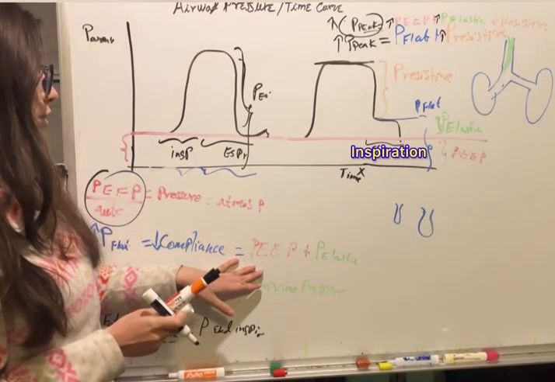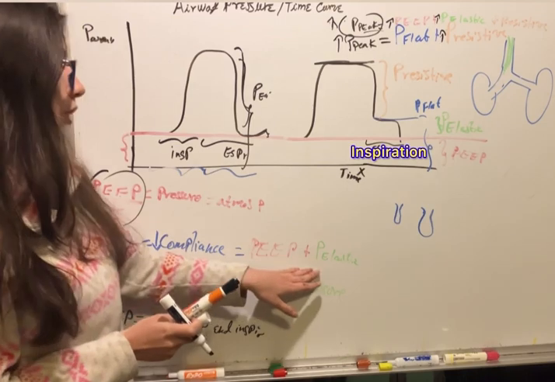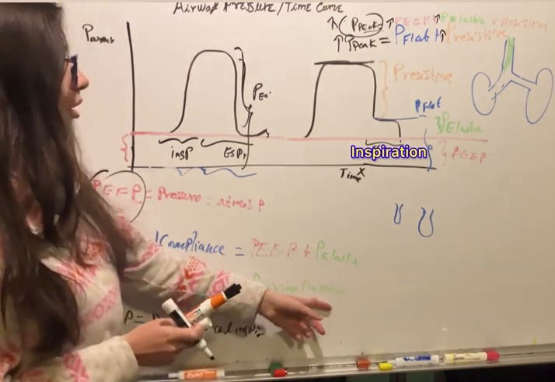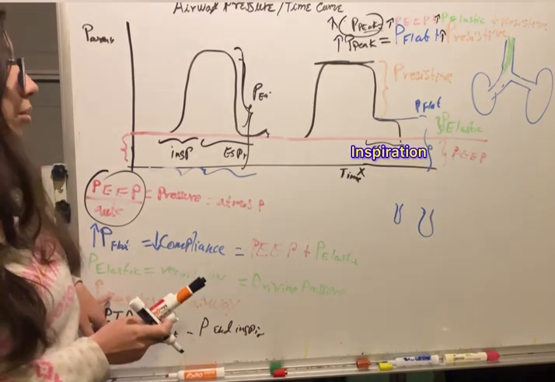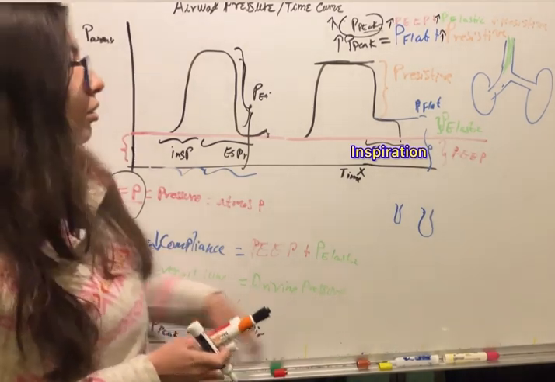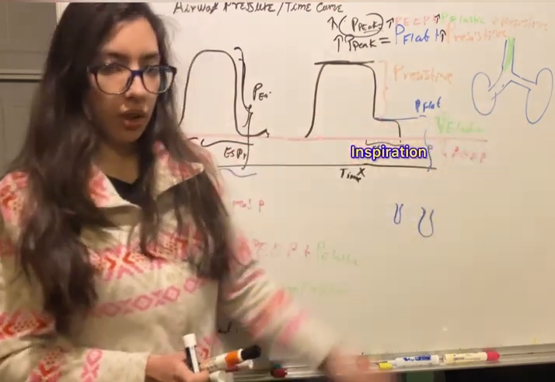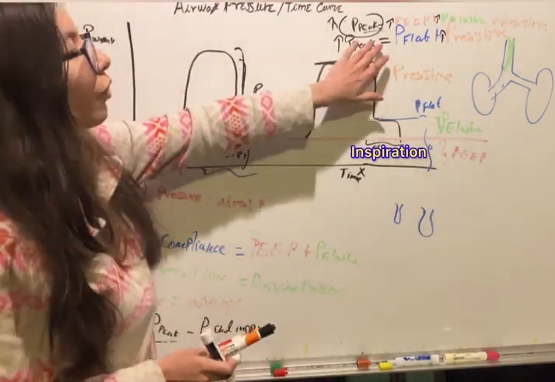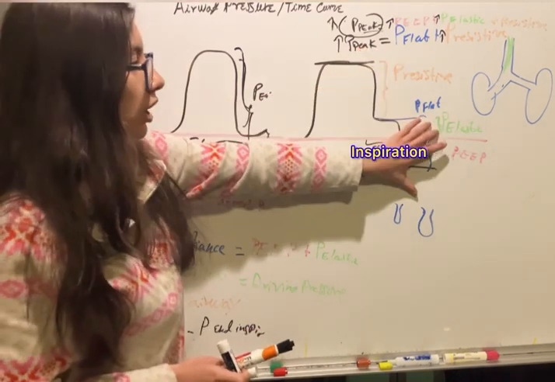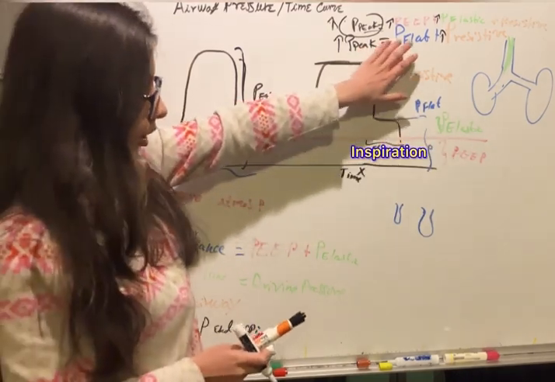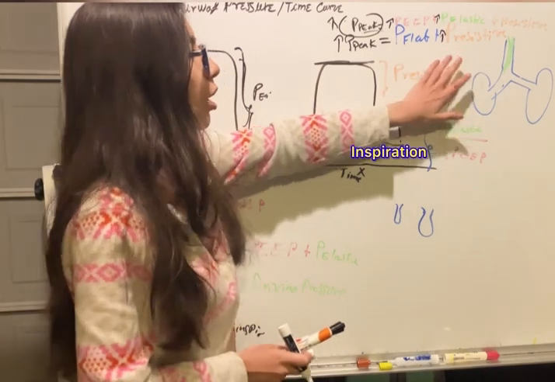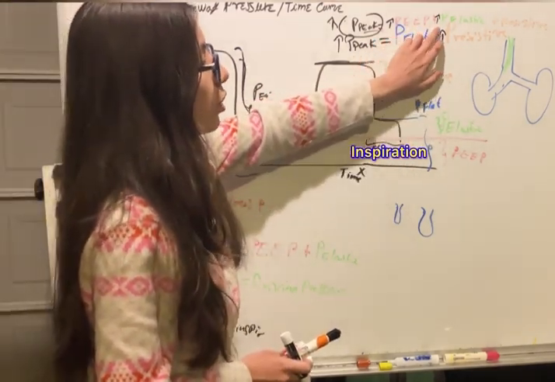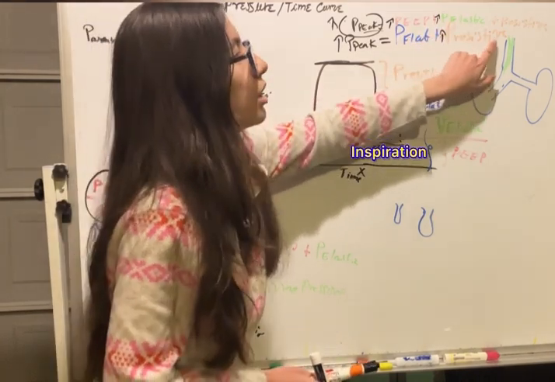The compliance is going to be the positive end-expiratory pressure plus the elastic pressure, which is also called the driving pressure, and the resistive pressure is the pressure in the airway that opposes air entering into the lung, and the peak inspiratory pressure is the pressure at the end of inspiration, which is the sum of all this. It is the sum of the flat pressure plus the resistive pressure, but the flat pressure is the same as the positive end-expiratory pressure plus the elastic pressure plus the resistive pressure.